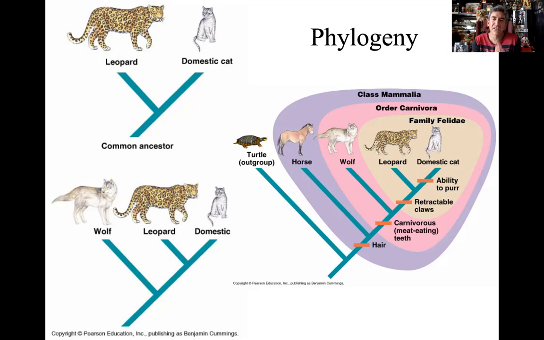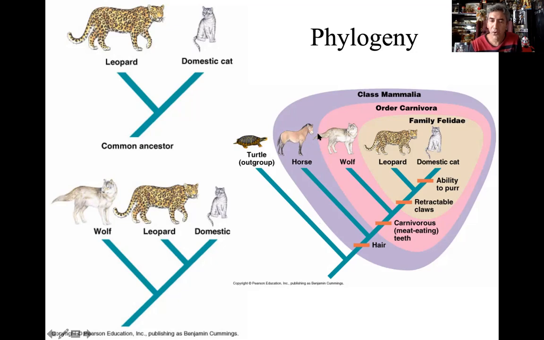Which one has the most differences compared to everything else? So we're going to designate that as the out group. So we have a turtle that is going to be kind of a, yes, it has some DNA shared, but very little compared to the cat. So we have the turtle, and then what's left now, the horse, the wolf, the leopard, and the cat.